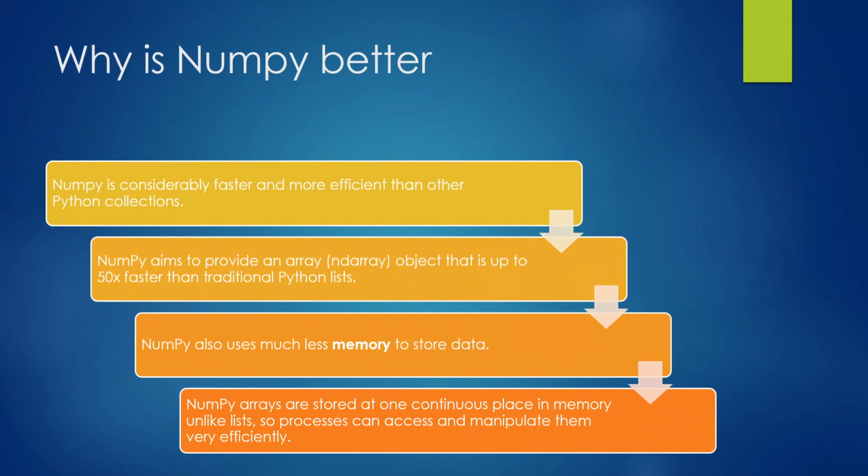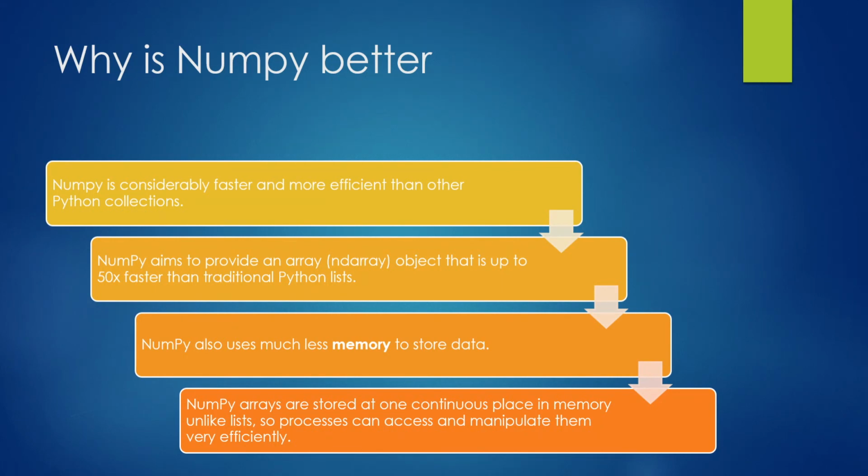If we take a NumPy ndarray and a Python list and make both do the same operation, we find that the NumPy array does that operation 50 times faster than the Python list.